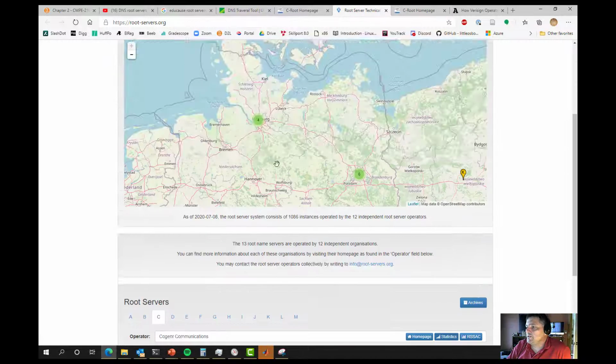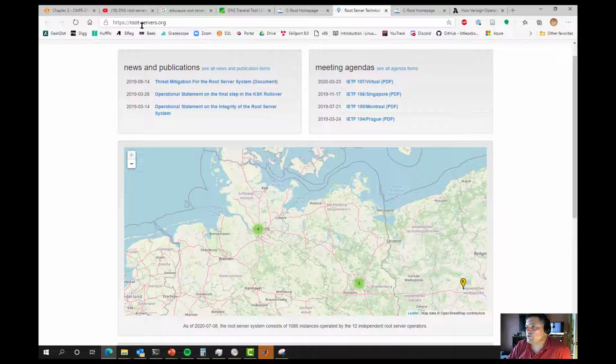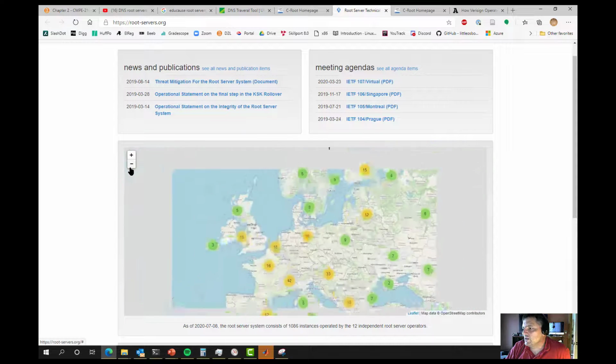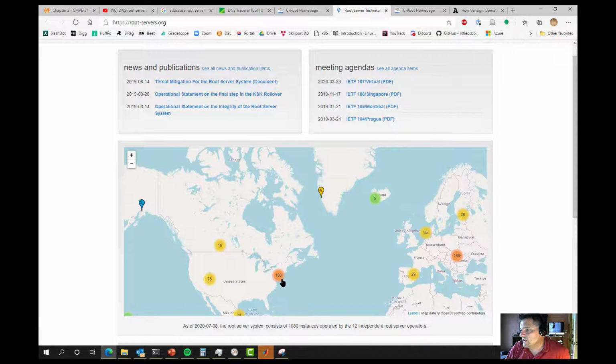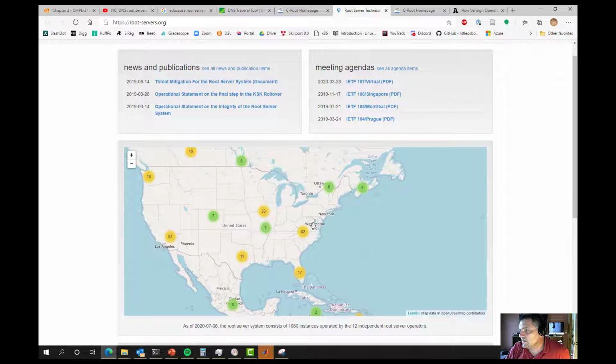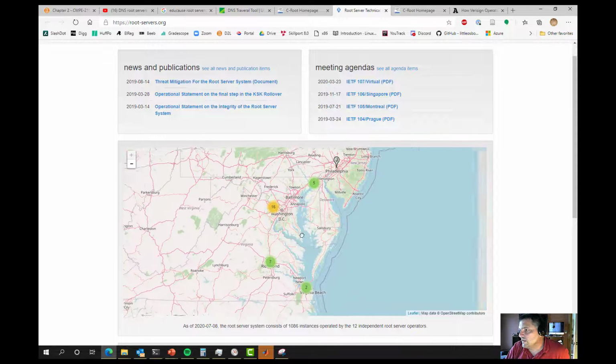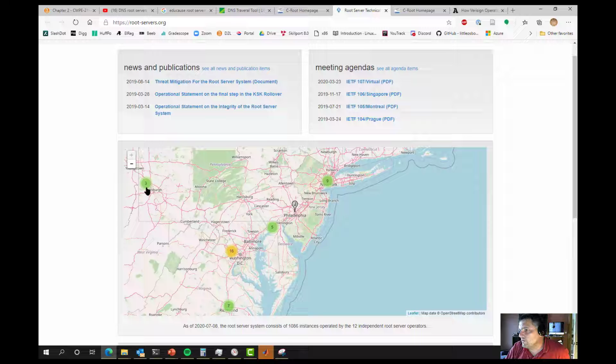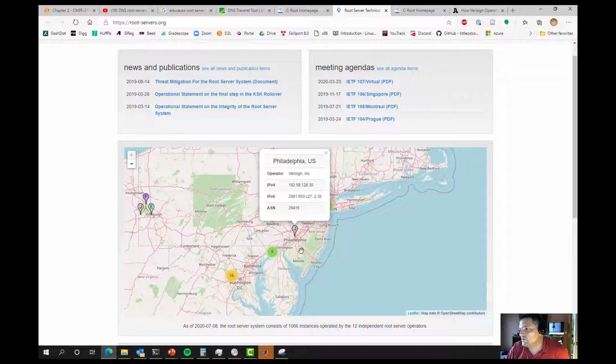So if you get bored, take a look at root-servers.org, and you can really see some interesting information. Let's go back, now that I'm thinking about it. Let's just see if we can go back to the US. And let's see, so there are 3 servers here in Pittsburgh, and there's 1 root server here in Philadelphia.